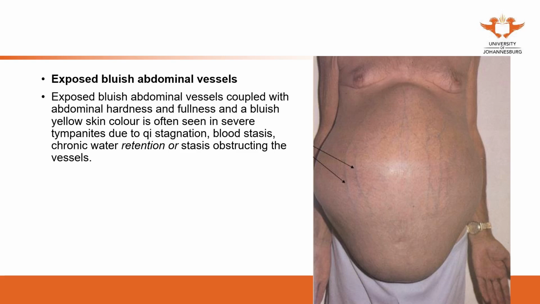The bluish color can reflect blood stasis. And in Western medicine, in general medicine, you also need to know that this condition is quite severe. The patient may suffer from a liver problem, in the physical liver.